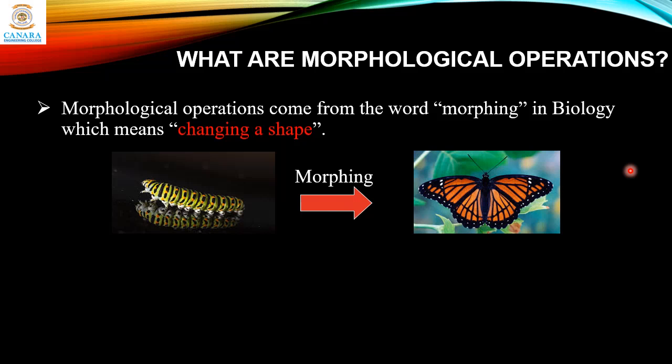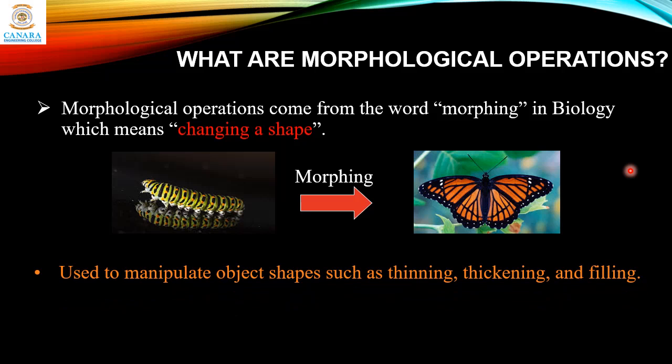So the process is a metamorphosis. Something similar to this we are performing on images. So that's why we call it morphological operations. Image morphological operations are used to manipulate object shapes such as thinning, thickening, and filling.